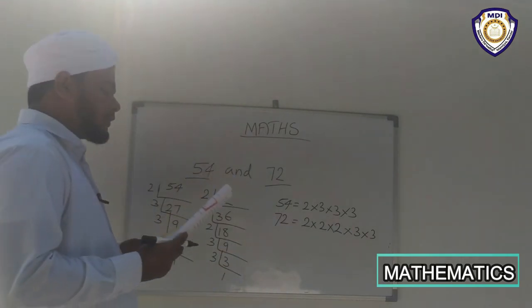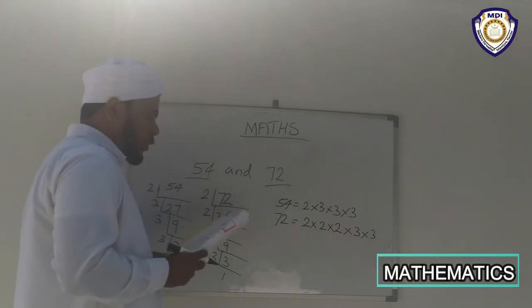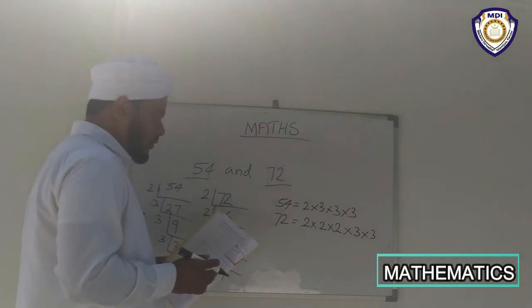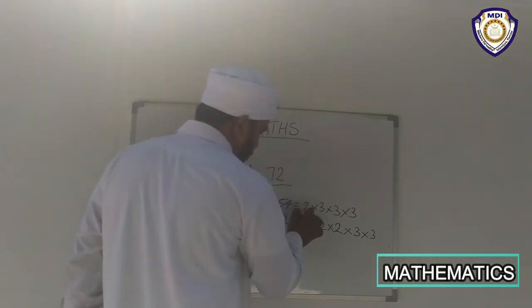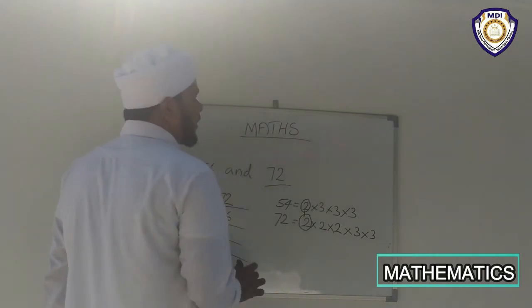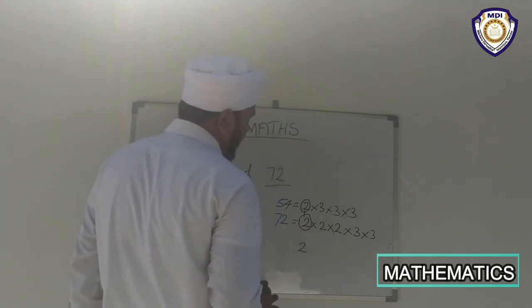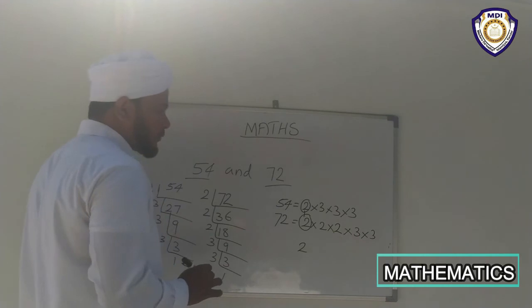Next step, we select the common factors. Which are the common factors? 2, there is a 2 as a common factor. Then we write here common factor 2.